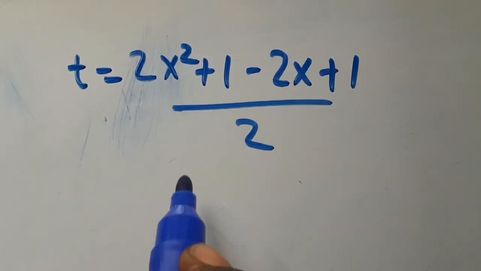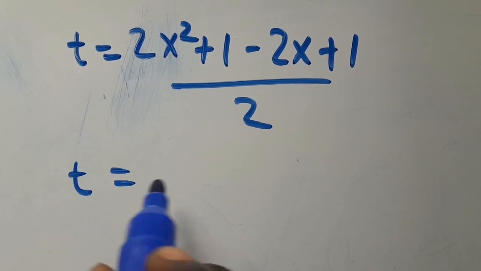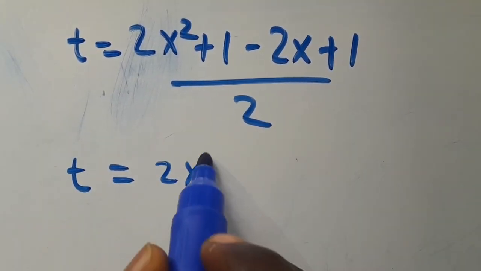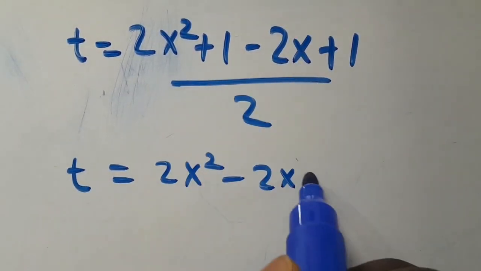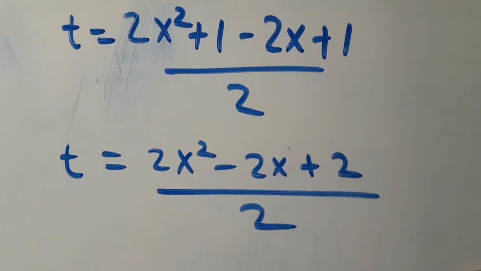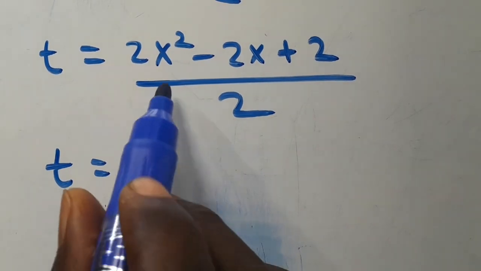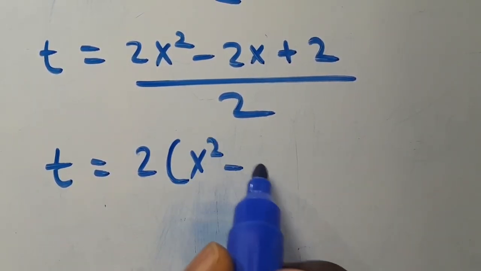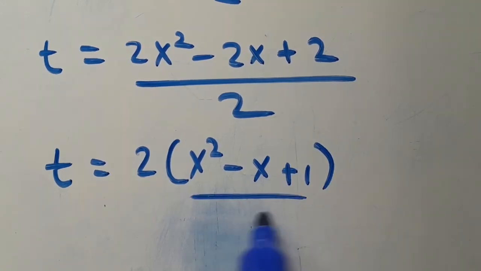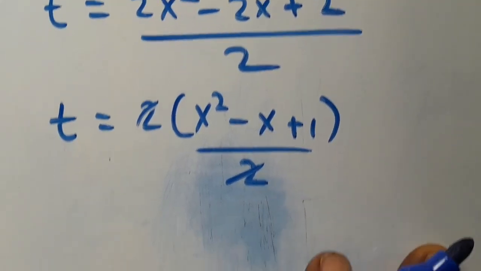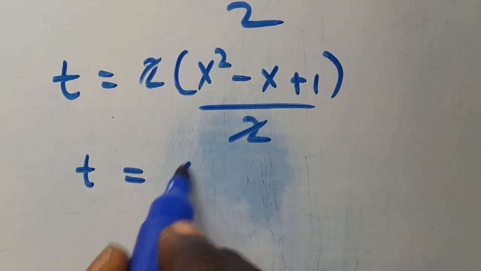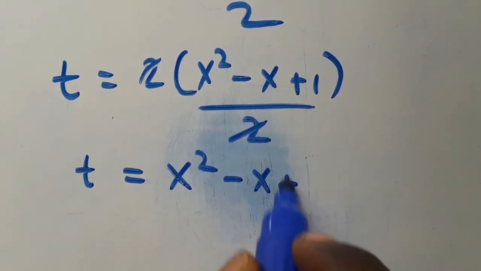We have t equals 2x squared minus 2x plus 2 divided by 2. 2 is common here. We have 2 into x squared minus x plus 1 divided by 2. This and this we cancel. So definitely we have t equals x squared minus x plus 1.